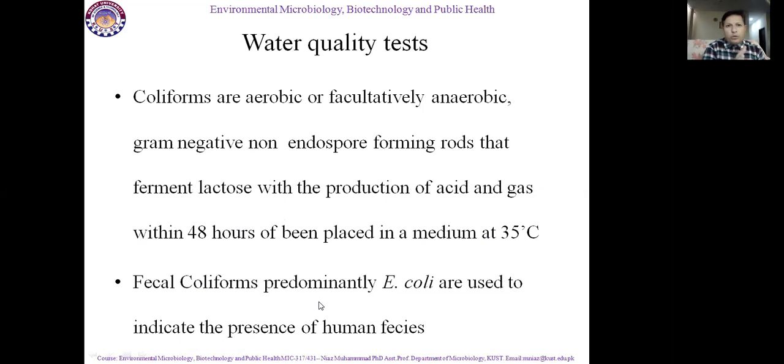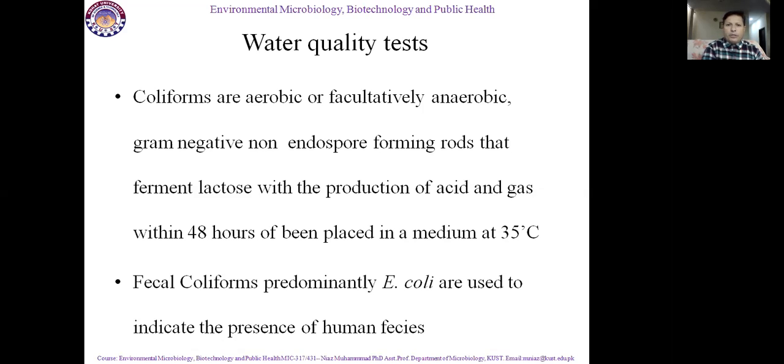So, throughout the globe, one standard has been set. If water contains fecal contamination, that water quality is not good. If water contains no fecal contamination, that water quality is acceptable and can be provided to citizens for use and consumption. But how will we ensure whether water contains fecal coliform or not?